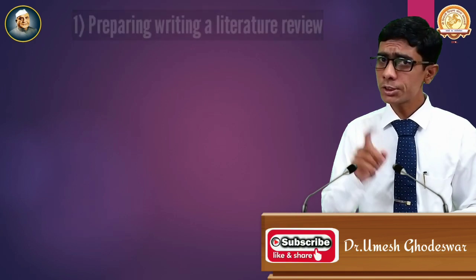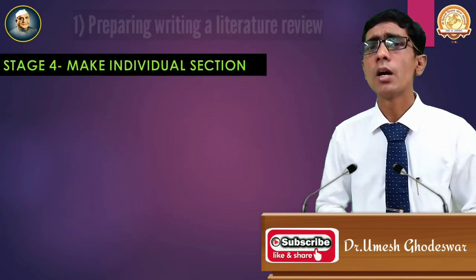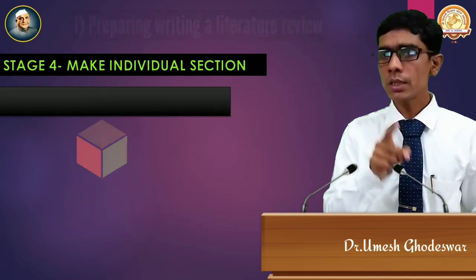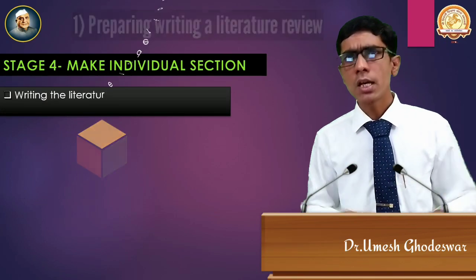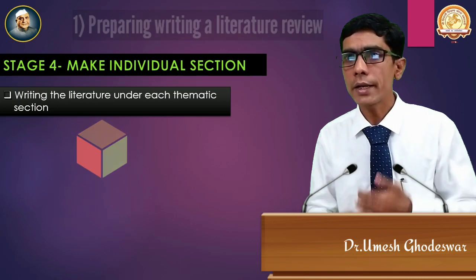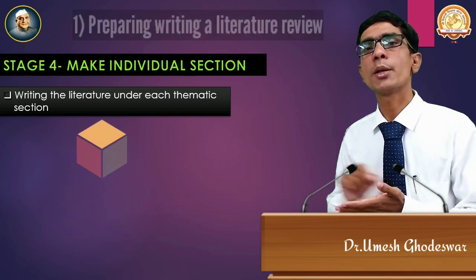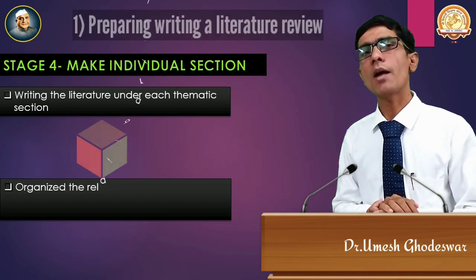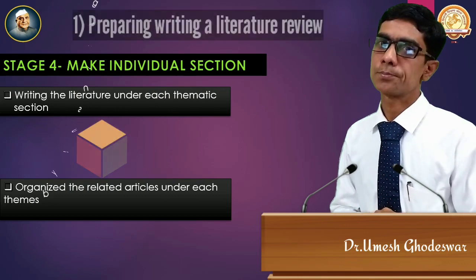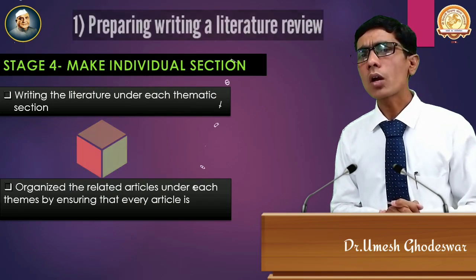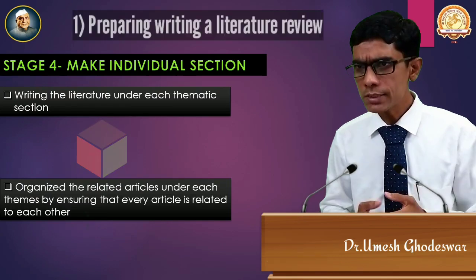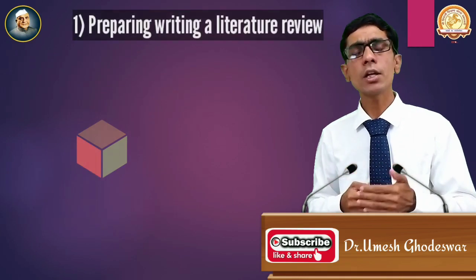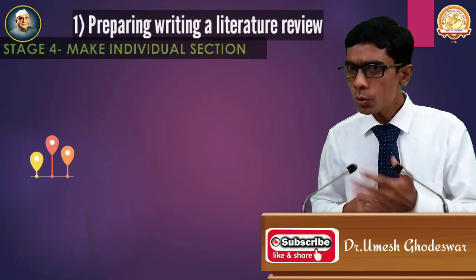Then the fourth stage: make individual sections. At this stage, the researcher starts writing the literature under each thematic section by using the previously collected draft of annotations. Here, they organize the related articles under each theme, ensuring that every article is related to the others.